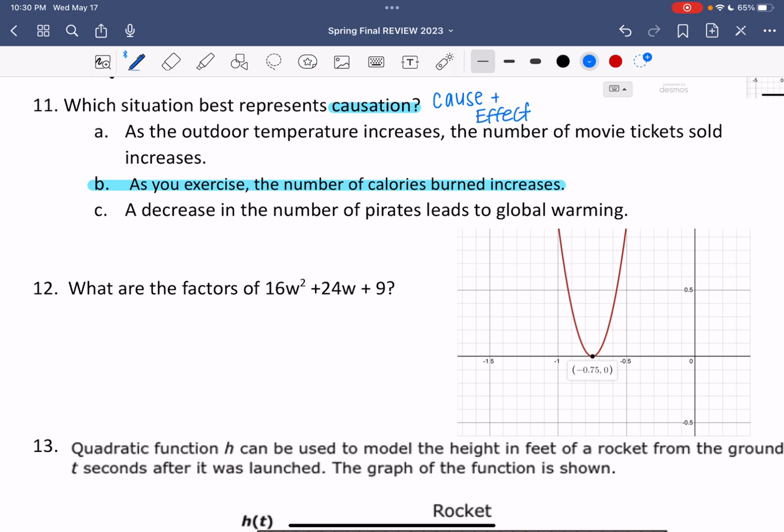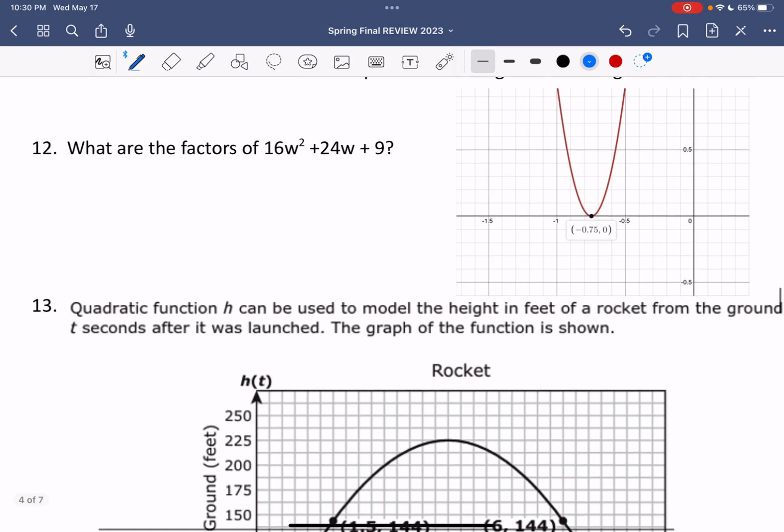All right, number 12 says, what are the factors of this equation? 16w squared plus 24w plus 9. So again, if we're asking for factors, you can use menu 331. Remember, after you do menu 331, you have to do bottoms up.